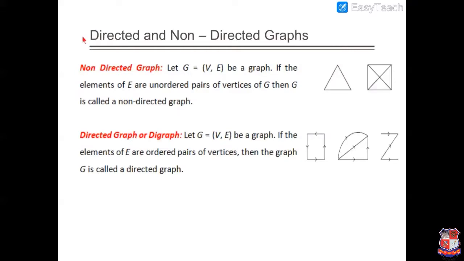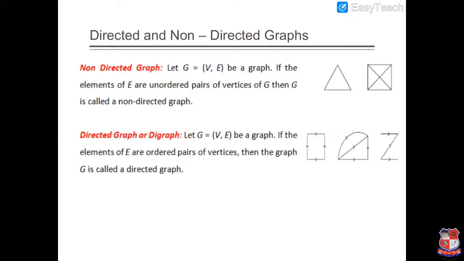Now, what are directed and non-directed graphs? Let G = (V, E) be a graph. If the elements of E are unordered pairs of vertices of G, then G is called a non-directed graph.